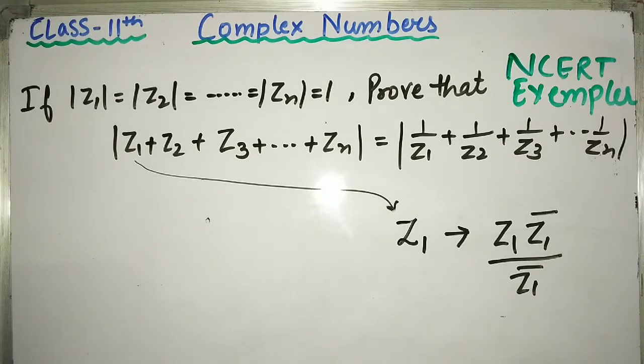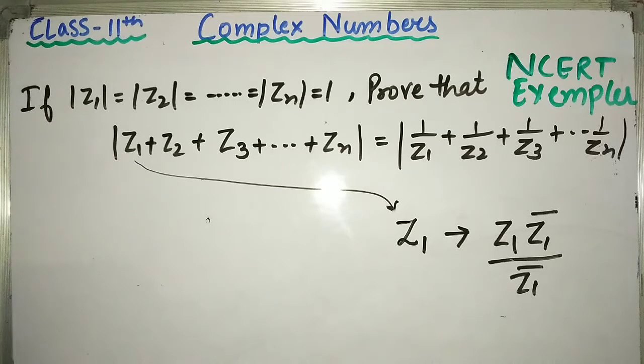I don't think anyone has a problem, because I have just written the number Z1 as Z1 bar upon Z1 bar, because it will be cancelled out, then Z1 equals Z1, no problem. Because we have to create the right hand side, we have to use a few tricks here to solve our question, otherwise we are helpless.